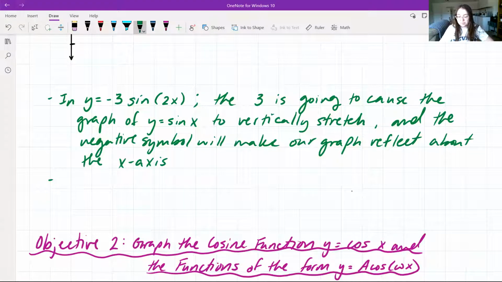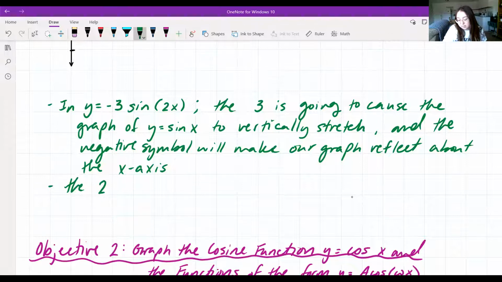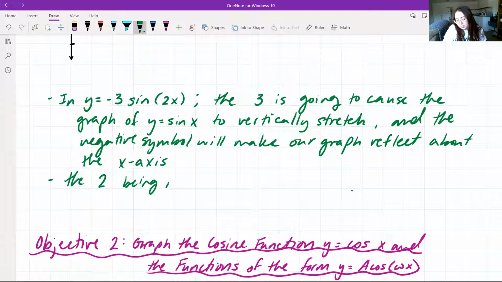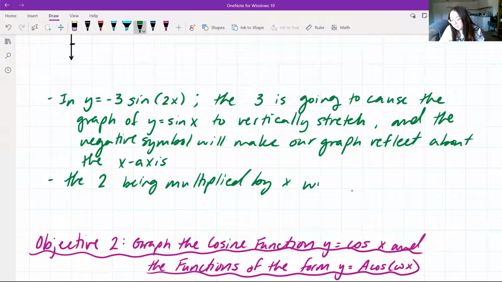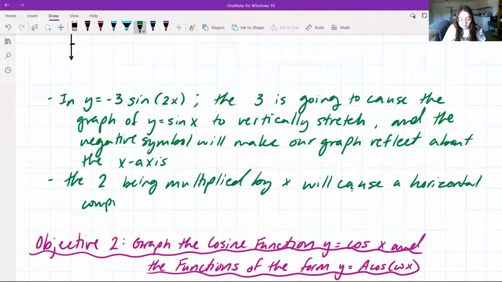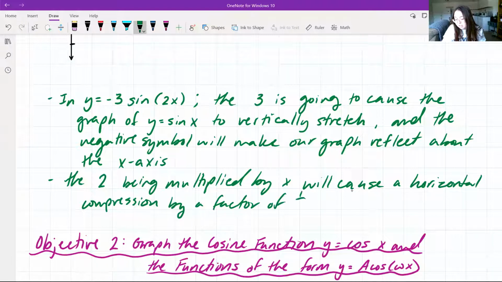Now the 2 that's being multiplied by x will cause a horizontal compression by a factor of 1/2.